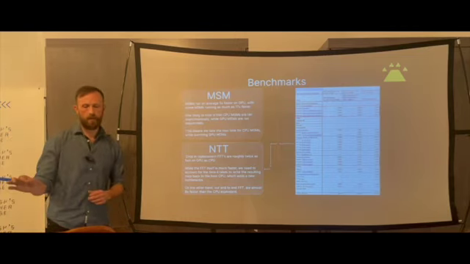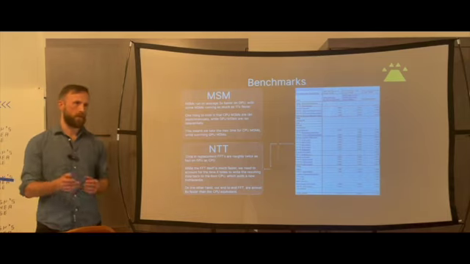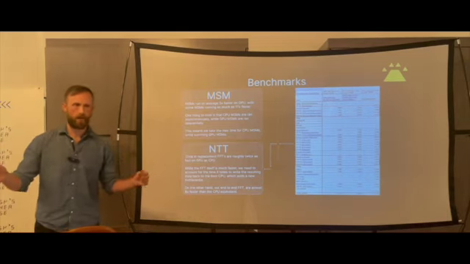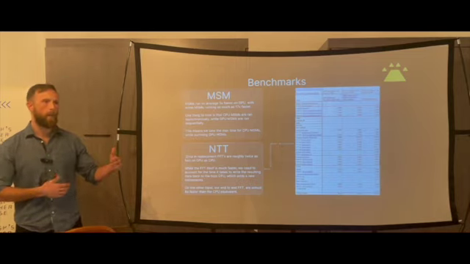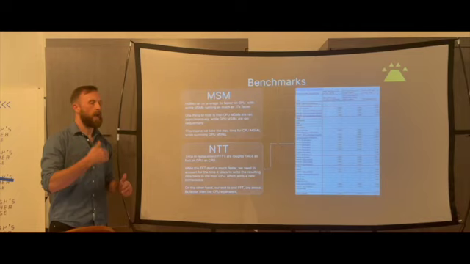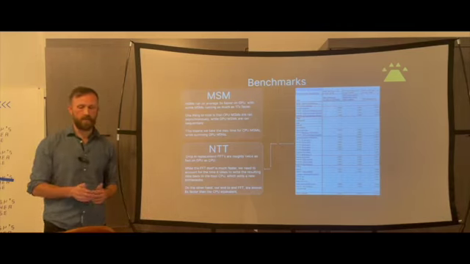One thing to note here, in Gnark, a lot of what they do to accelerate on the CPU is they run asynchronous processes. So they run a bunch of threads on the CPU. That doesn't quite translate over to the GPU because it's very difficult.